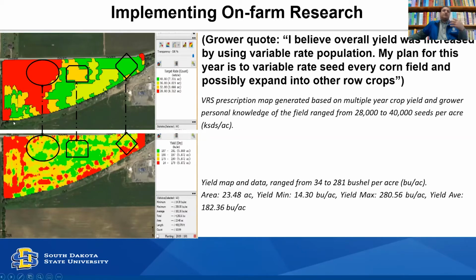Of course, we have to repeat this one. This is only 1 year, but when we do the replications, we will come up with an idea of how my practice or my management would change the recommendations by seed companies or scientists even.